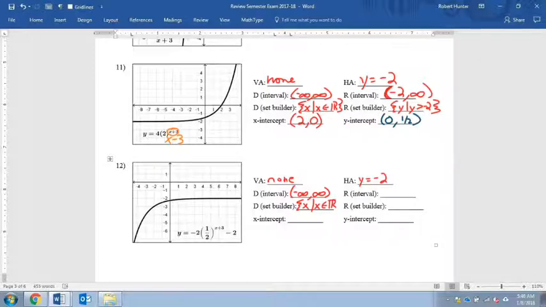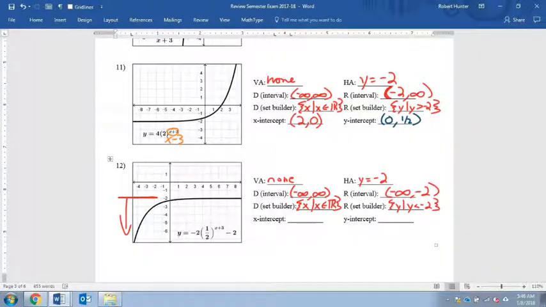It's everything. Your range is everything below the -2. It's from -2 down. So we're either going from -infinity up to the -2, or we're going to say y is less than -2. Okay, so it's not quite identical.